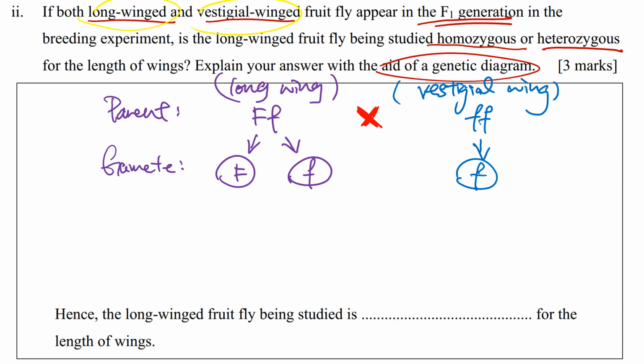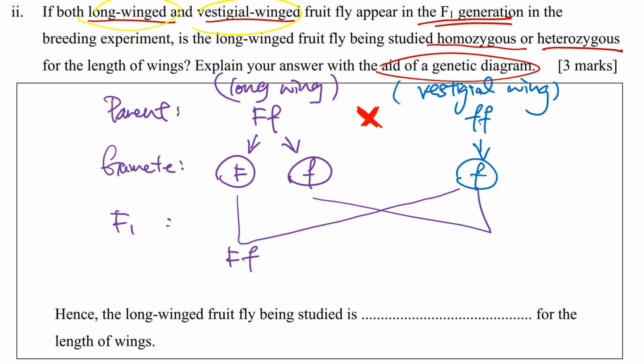After that, you have to tell me what happens after the test cross. The first generation F1 should have 2 types, big F small f, and another one, small f small f. So now you have to write the phenotype. Big F should be long wing. Small f should be the vestigial wing.